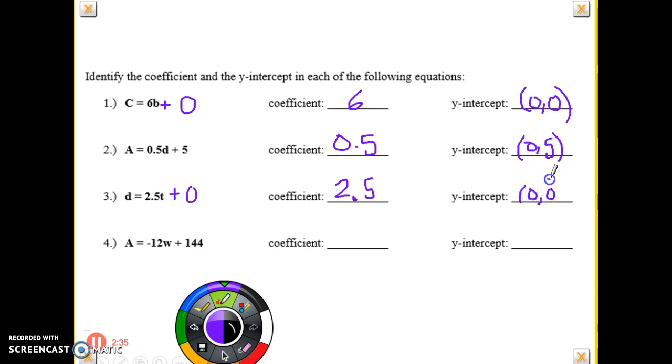Again, this is another proportional relationship. Example number 4, we see the coefficient as that number right before the independent variable, which in this case is -12. And our y-intercept is the number added on, which is 144. So our coordinate point is going to be 0, 144. That's the place where it will cross the y-axis.